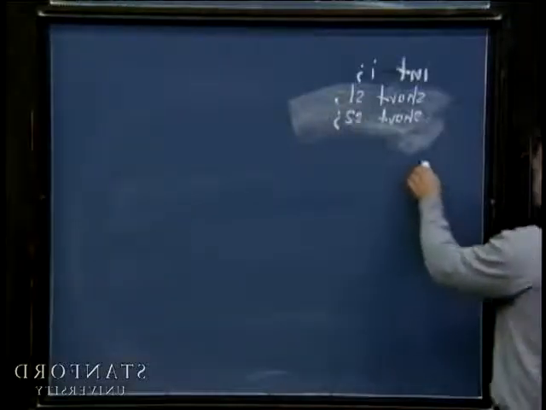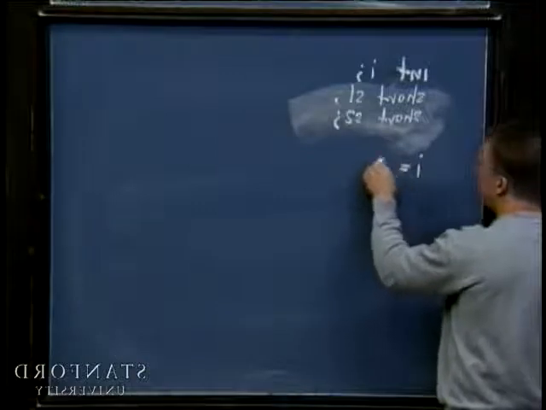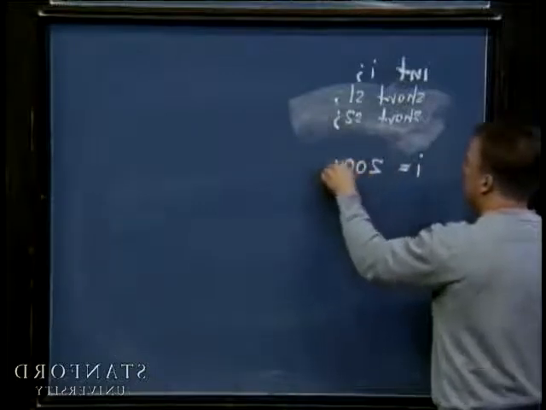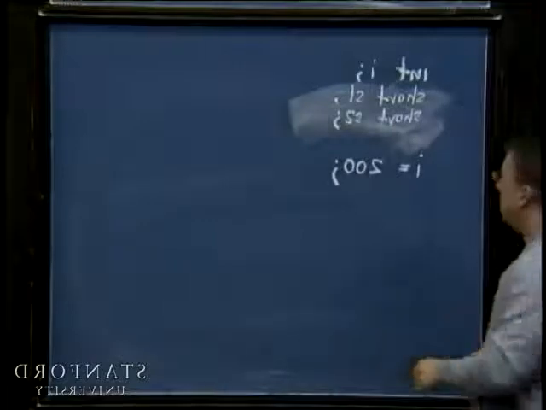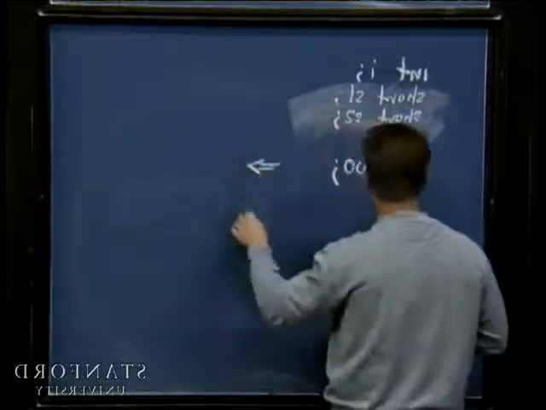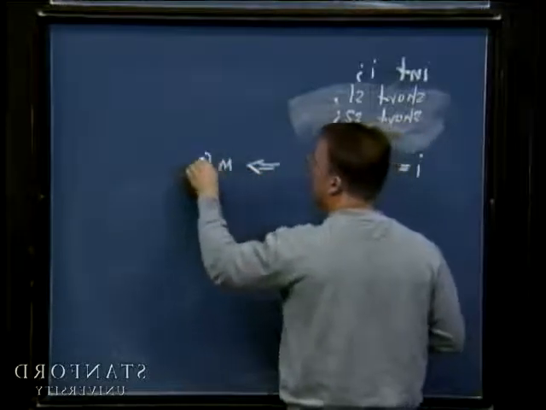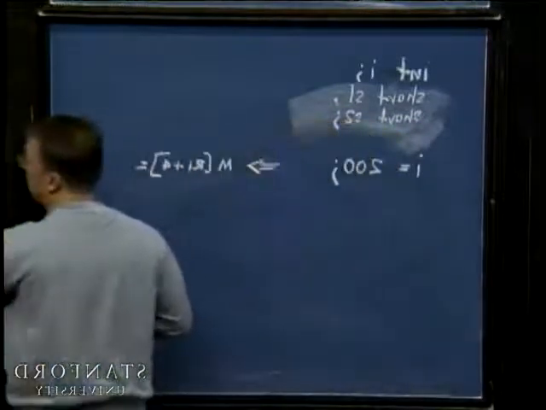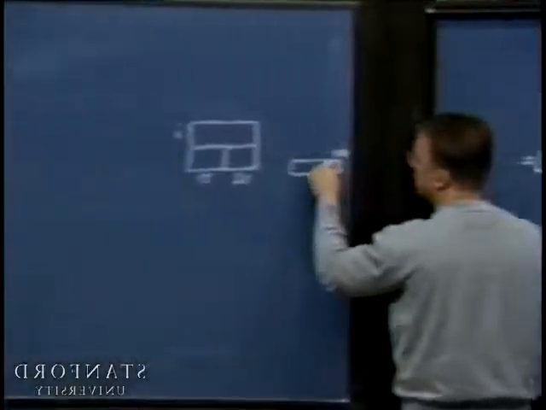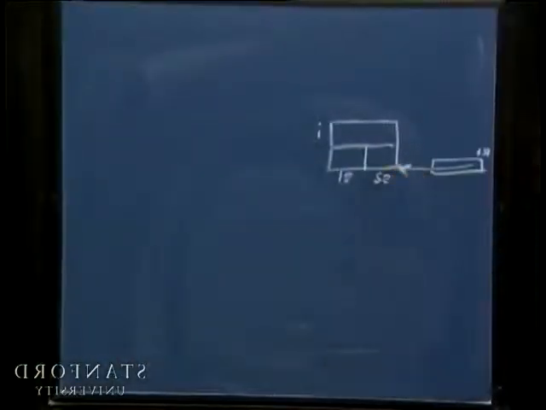If I do this, that's more or less the same as that instruction up there with a different number. This would translate to m of R1 plus 4, assuming that the register R1 has been set to point to that right there.